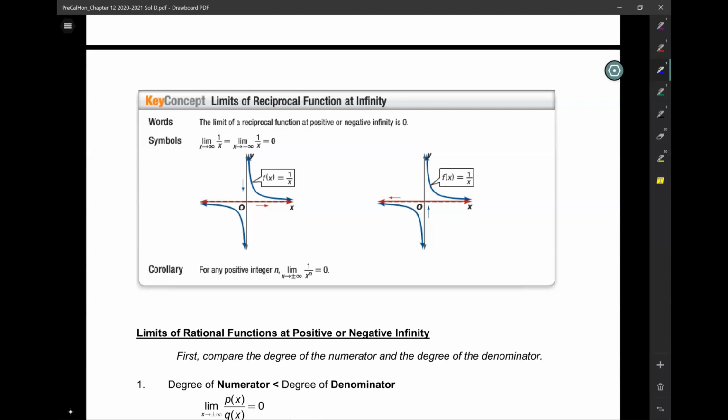So, listen. Limits of reciprocal functions, right? So if you have y equals 1 over x, let's just think about this for a minute because this is an important skill. 1 over x. As this denominator gets infinitely large, what happens to 1 over x?